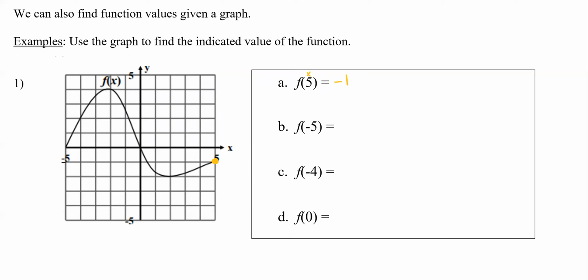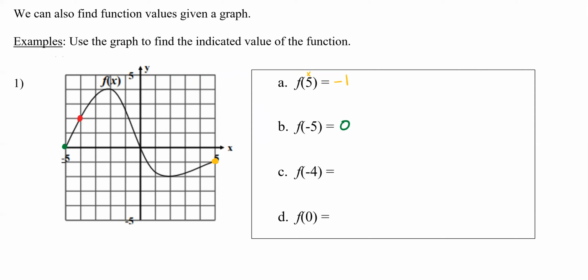Letter B, the x value is -5. So go to the x value of -5. And what is the point on the graph there? Well, the y value is 0. Letter C, go to the x value of -4.